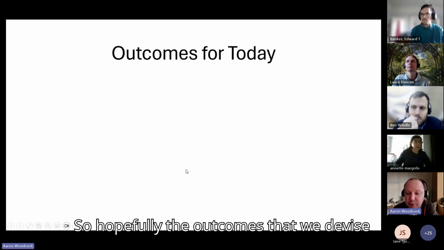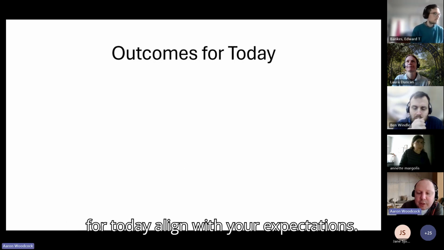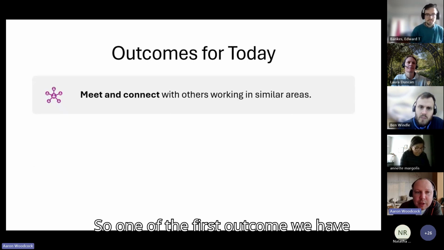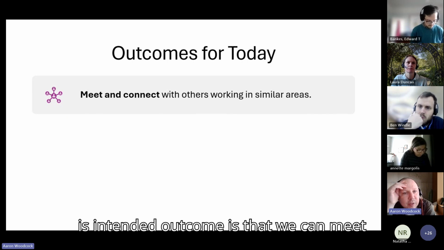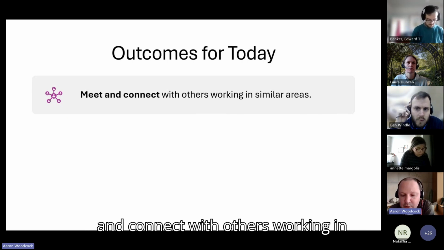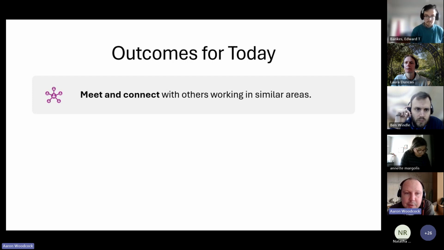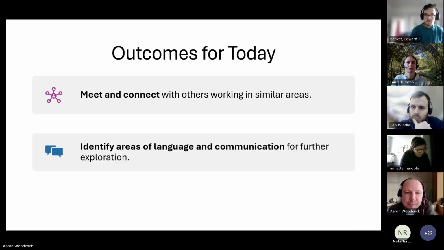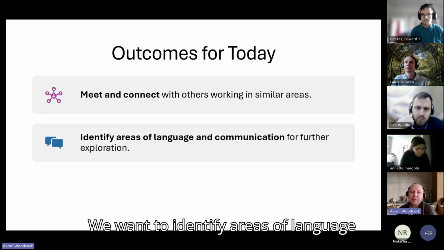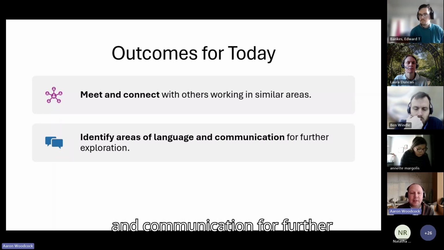So hopefully the outcomes that we devised for today align with your expectations. One of the first intended outcomes is that we can meet and connect with others working in similar areas. We want to identify areas of language and communication for further exploration.